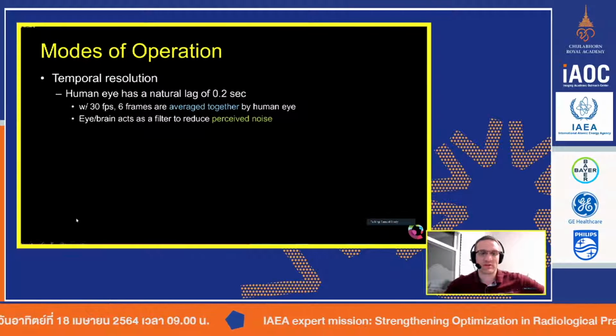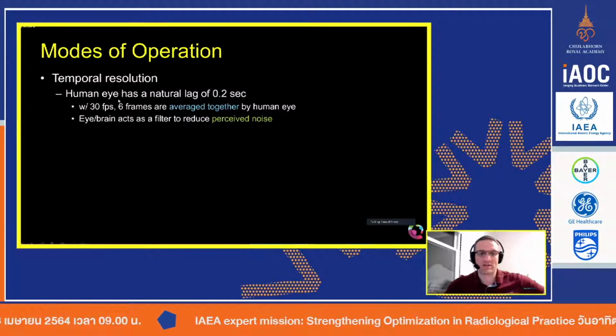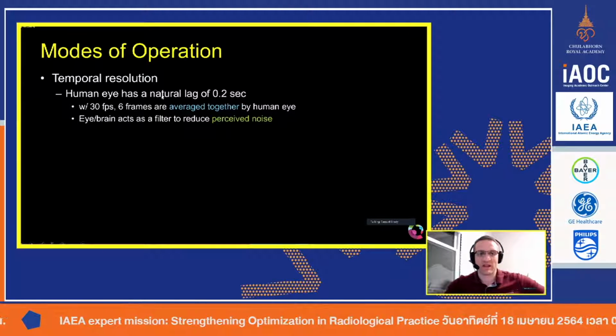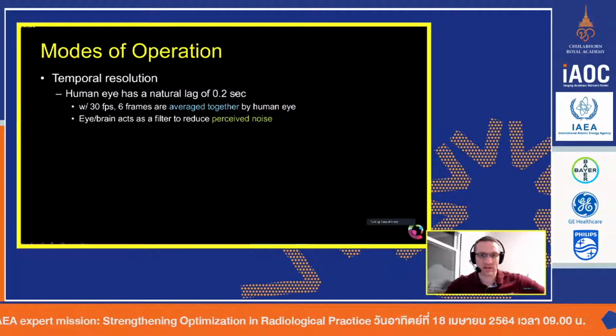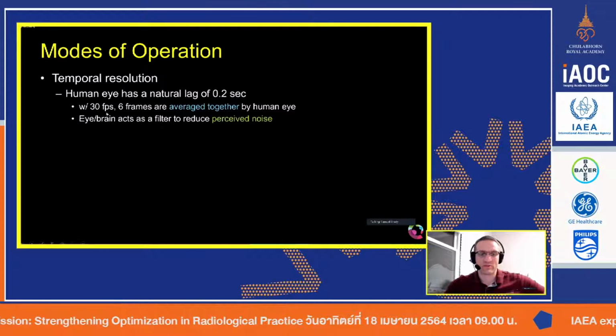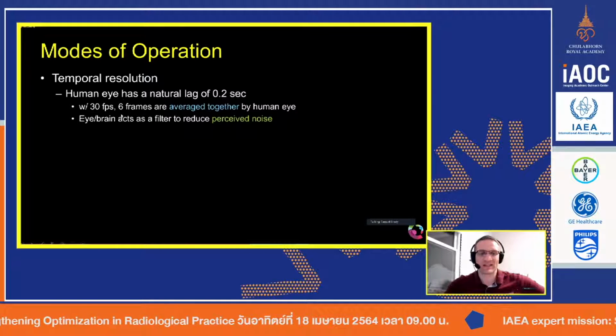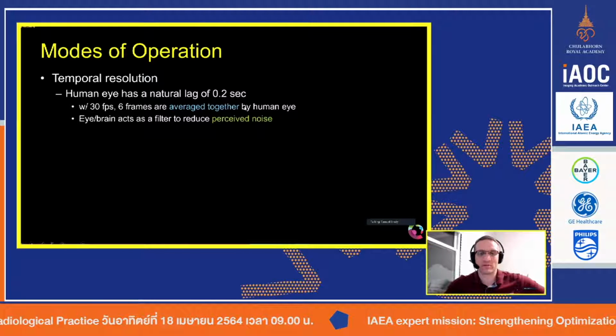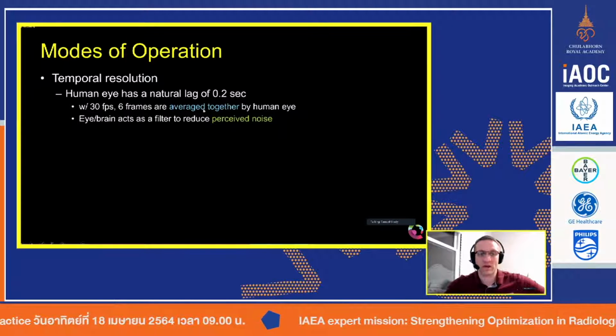So, temporal resolution. Our eyes are absolutely amazing. Our human eye has a natural lag of 0.2 seconds. So with 30 frames per second, that means we can collect 6 frames and we average those together. That's how quick our eyes can go, and that's a wonderful thing.